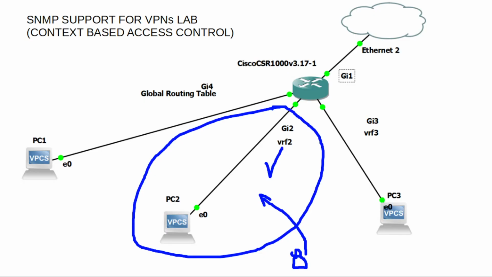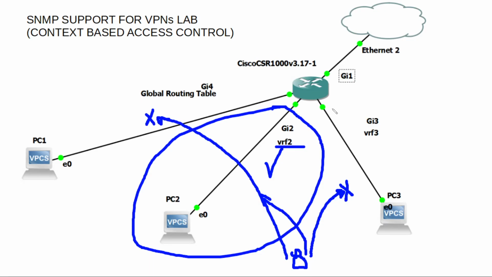However, there is a security constraint here. We want the blue customer to be able to read only VRF2 information. We don't want to let the blue customer gather information from other customers, and we don't want this customer to be able to read information from the global routing table.